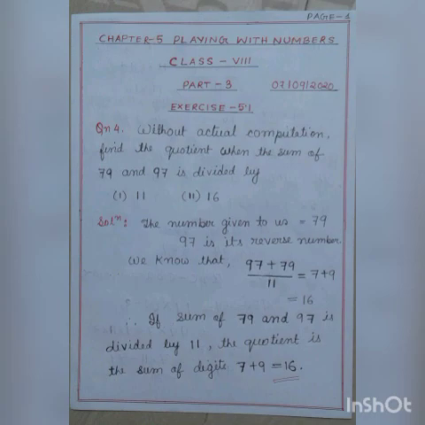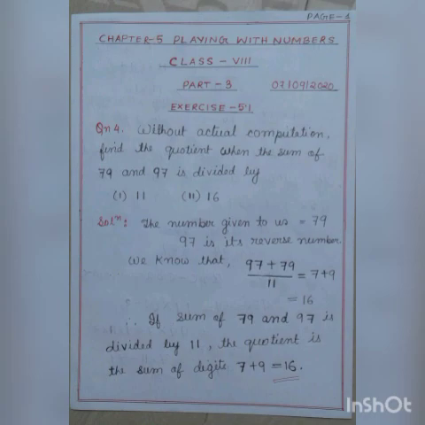Question number 4: without actual computation, find the quotient when the sum of 79 and 97 is divided by 11. Solution: the numbers we have are 79 and 97.